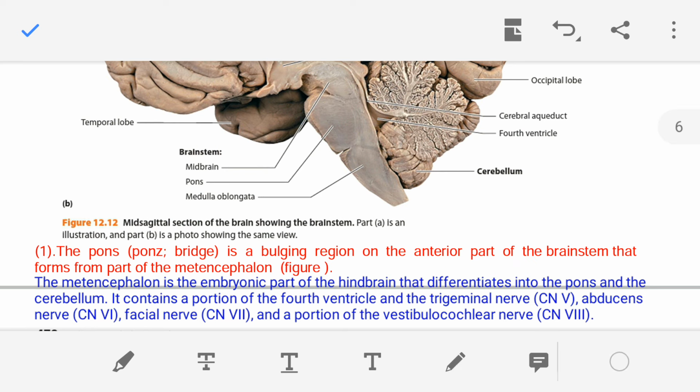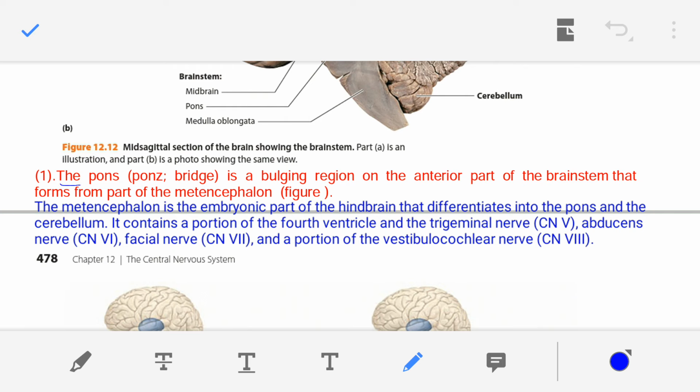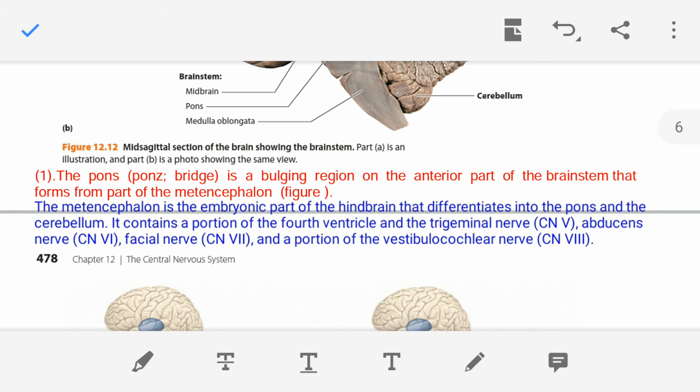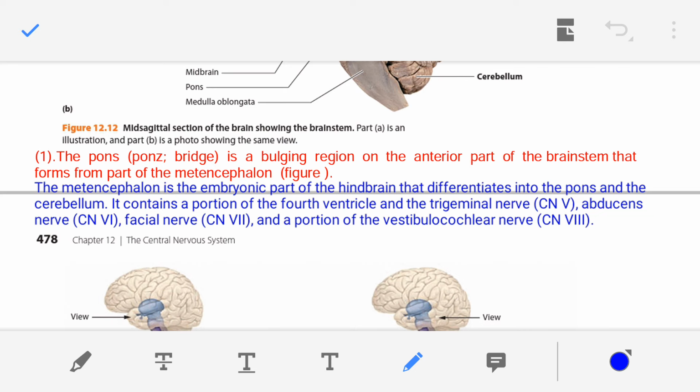The pons forms from part of the mesencephalon. So the pons develops from the mesencephalon. Now what is the mesencephalon? It is the embryonic part of the hindbrain. During the development period, this mesencephalon differentiates into the pons and cerebellum.